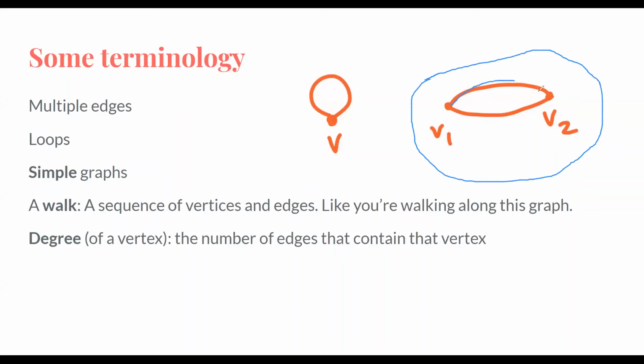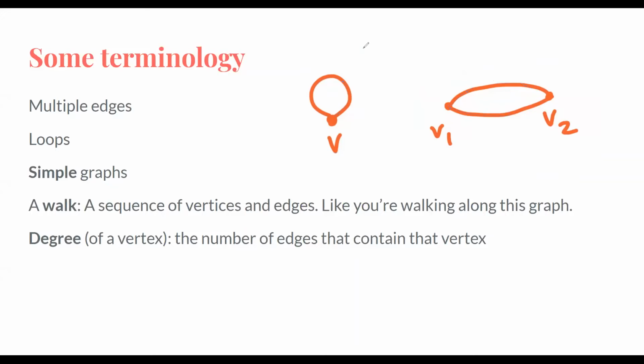There are two edges connecting the vertices V1 and V2. There are also things called loops, where you basically have an edge connected to itself. You can see why we call it a loop, because when we draw it, it looks like a loop.